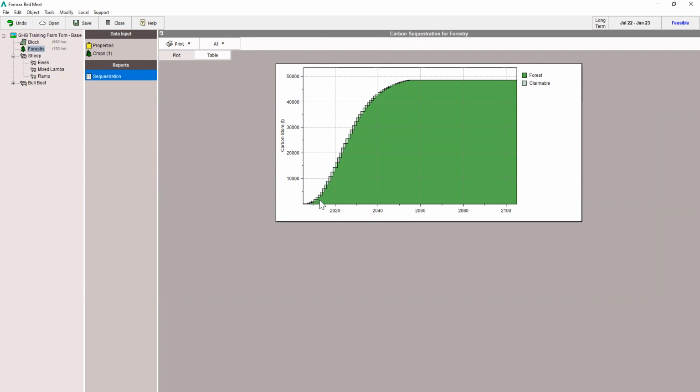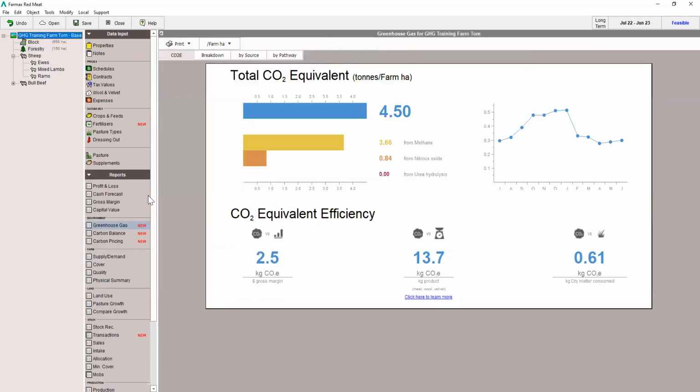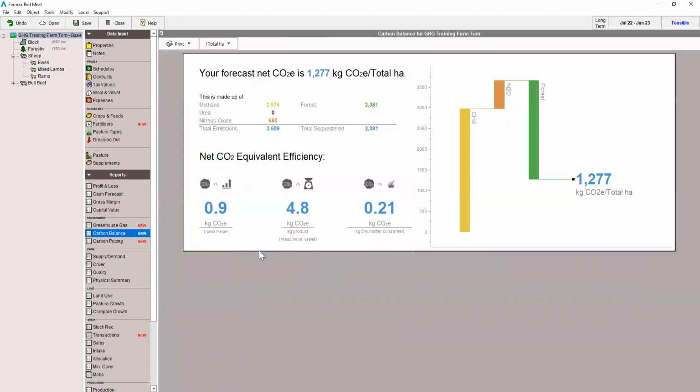So this shows me the cumulative carbon that's likely to be sequestered over time on this particular block. The data in here is all sourced from MPI's lookup tables, and that actually flows through to one of our other carbon reports here in Farmax. So if I go back up to the top level and have a look at my carbon balance report, you'll see that I get this nice waterfall chart of the various emissions that are coming from stock and fertilizer.